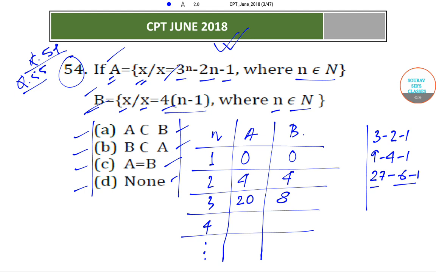And now we'll put n equal to 4 in set A. So we have 3 to the power 4, that will be 81 minus 8 minus 1. So 81 minus 9, that will be 72. And if we put n equal to 4 in set B, then we have 4 into 4 minus 1, that will be 4 into 3, and we have 12, and this goes on.